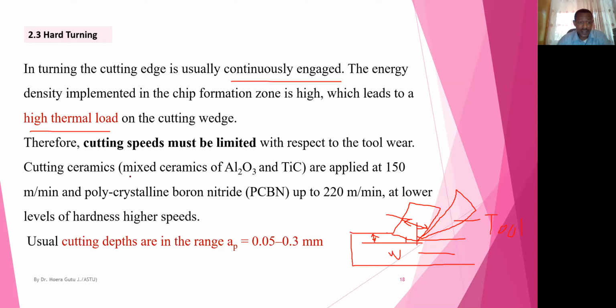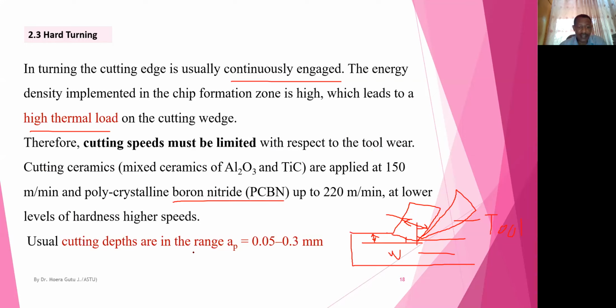Cutting ceramics like mixed ceramics of alumina and titanium carbide are applied up to 150 meters per minute. The maximum cutting speed reaches up to 150 for machining of oxide ceramics and non-oxide ceramics like titanium carbide. Polycrystalline boron nitrides can be used also up to 220 meters per minute cutting speed.